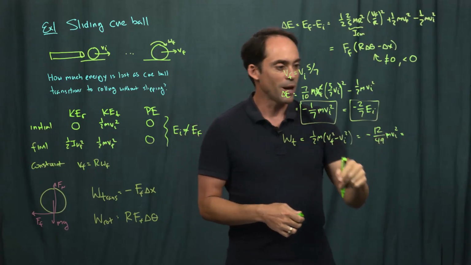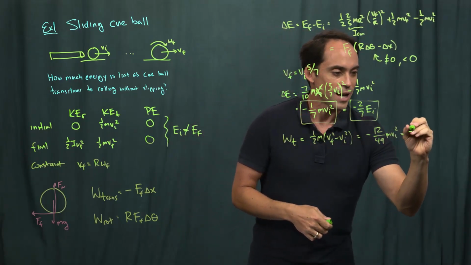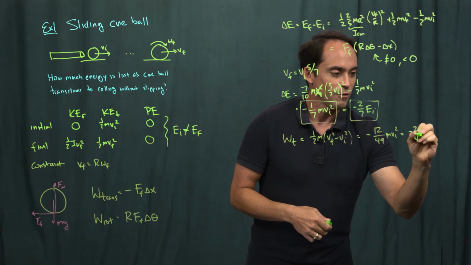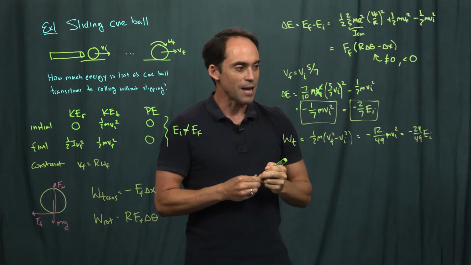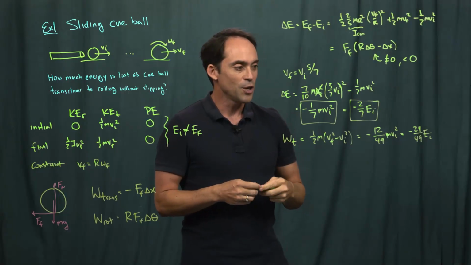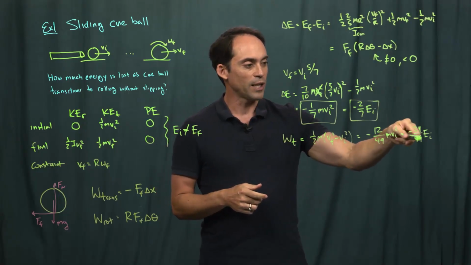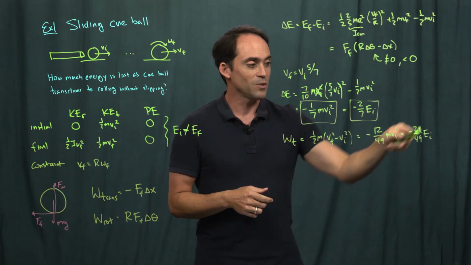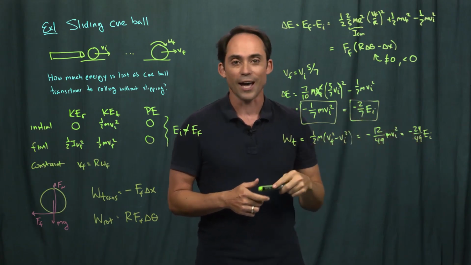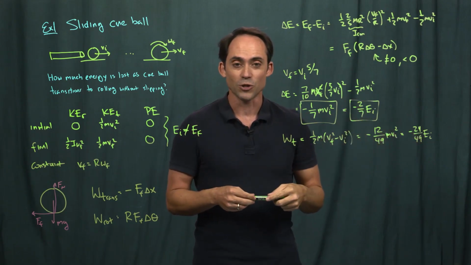Or if we divide by 2 here, this is minus 24/49 times our initial energy. Now, notice that 24/49 is a larger number than 2/7, which is the same as 14/49. This is more energy loss than we actually measured as a result of this motion.